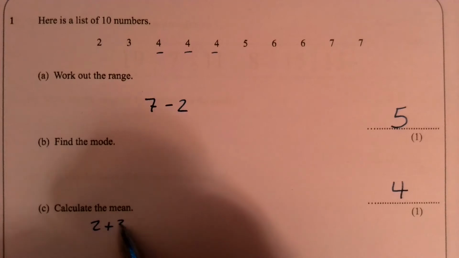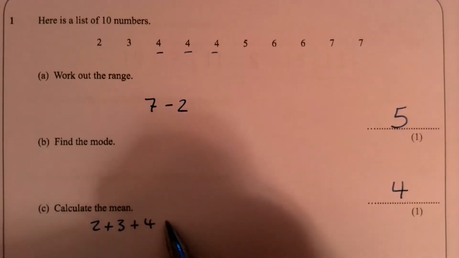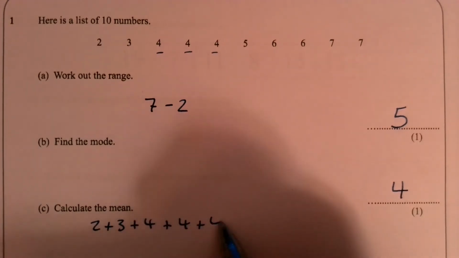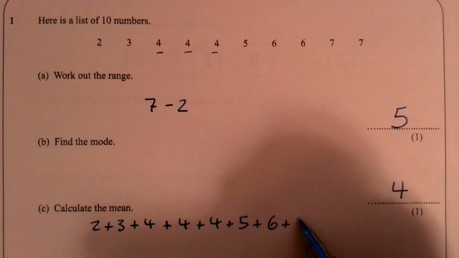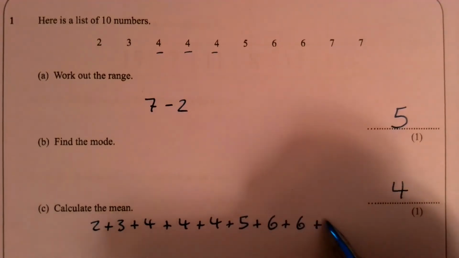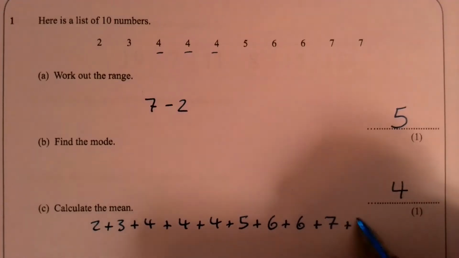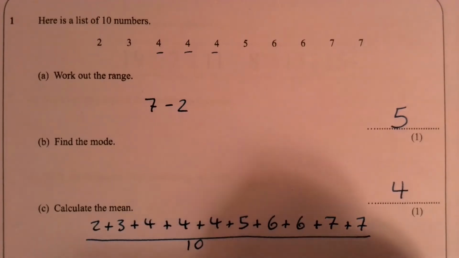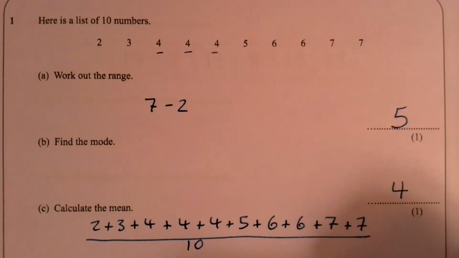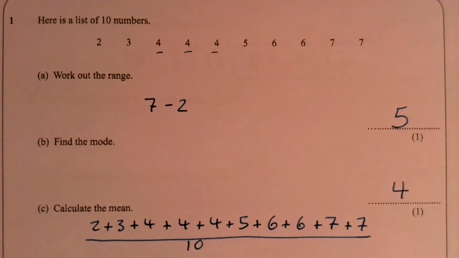So 2 plus 3 is 5, plus 4 is 9, 13, 17, 22, 28, 34, 41, 48, divided by 10. So that's 48 divided by 10, which is 4.8.